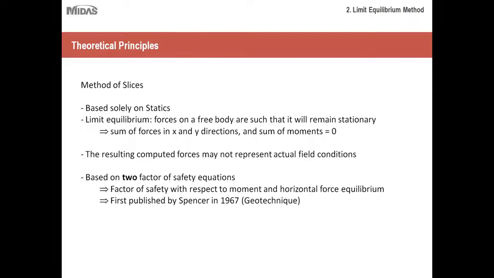Typically a factor of safety should be at least 1.5 or higher. For example, imagine 1 Newton of force driving your slope to failure. For every 1 Newton of force acting against your slope, there should be 1.5 Newtons of force keeping it stable. And obviously the higher the factor of safety is, the more stable your slope is.